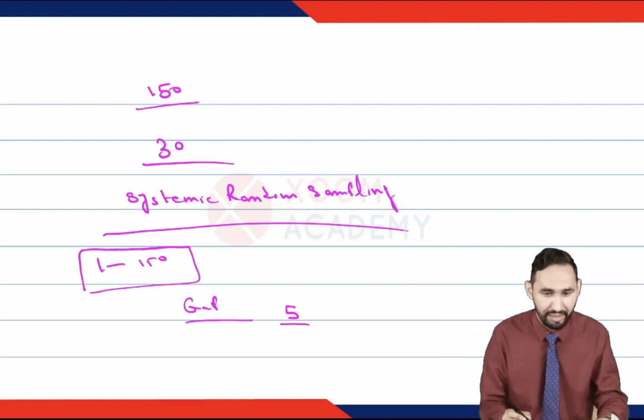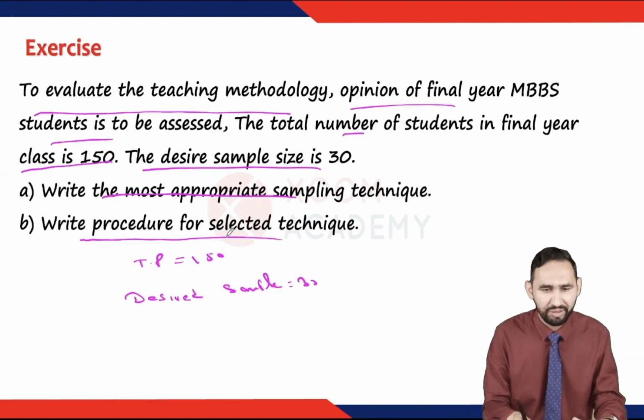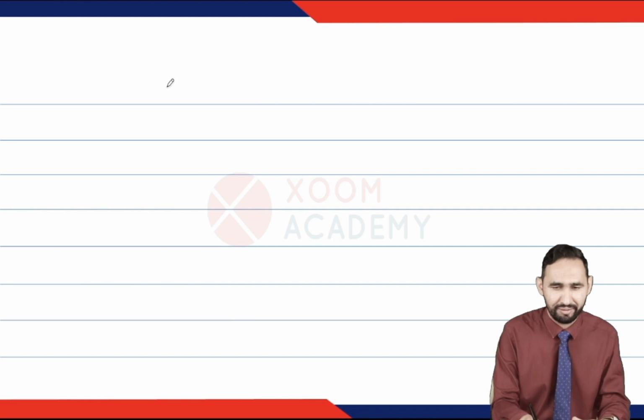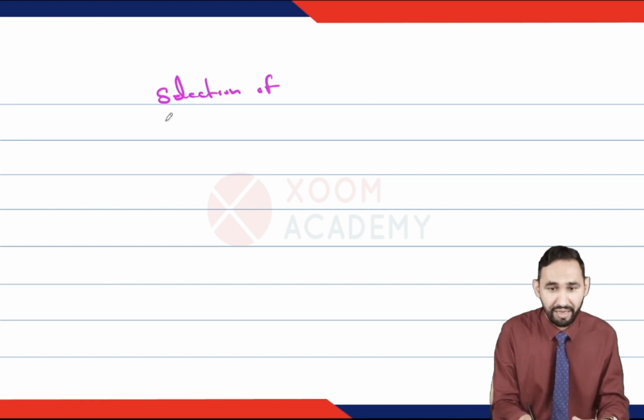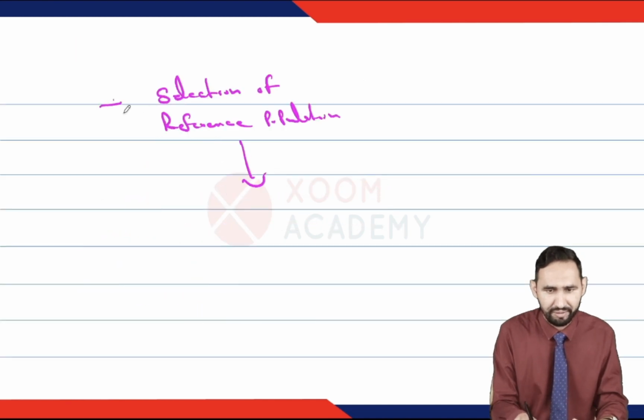Then the next question is, what procedure? Write down the procedure. First, you will select a reference population from where the sample should be taken. In this case, the reference population is final year MBBS.